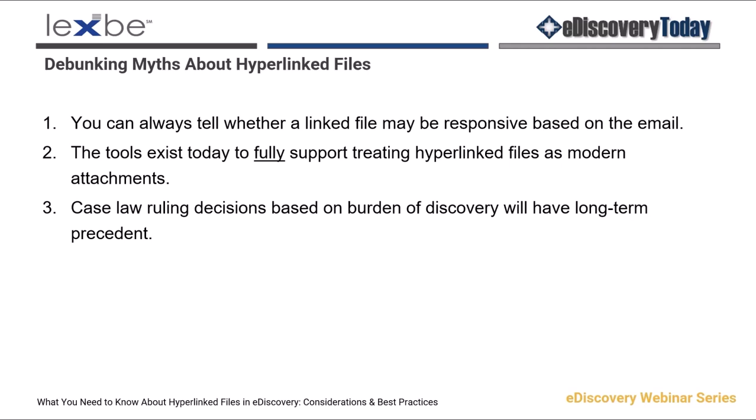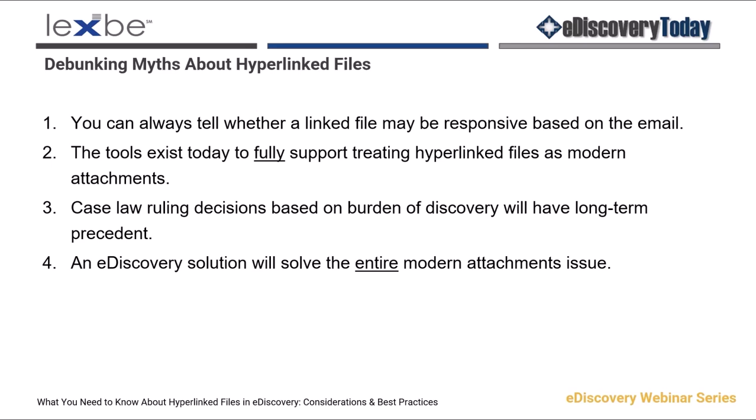The capability of the tools and the associated burden will evolve over time, and I expect they'll be able to much more fully support the need to retrieve hyperlinked files than they do now. Unless a specific court is short-sighted and fails to take into account the evolution of technology, each court ruling will be based on the technology capabilities available at the time the issue is before the court. Just because the handling of hyperlinked documents isn't proportional today doesn't mean it won't be down the road.